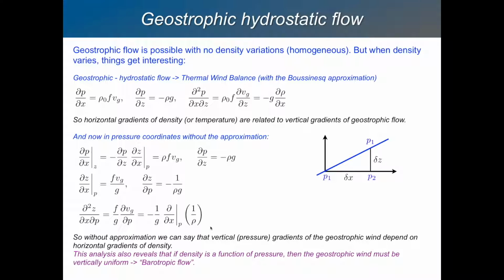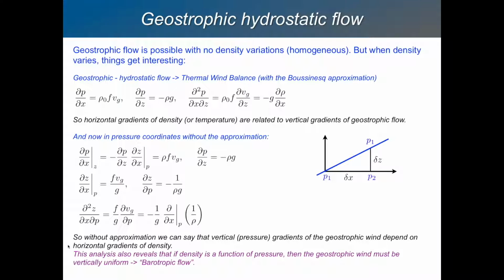So it's the same: you still have vertical gradient of flow related to horizontal gradient of density, or something related to density. So that's our thermal wind balance in pressure coordinates. The difference is that we haven't made any approximations here. We've assumed that it's geostrophically and hydrostatically balanced, but we haven't used any approximations for the density field. And we get to the same conclusion.